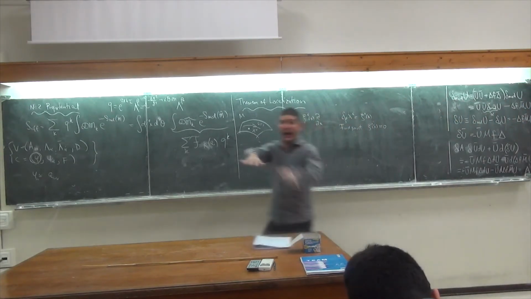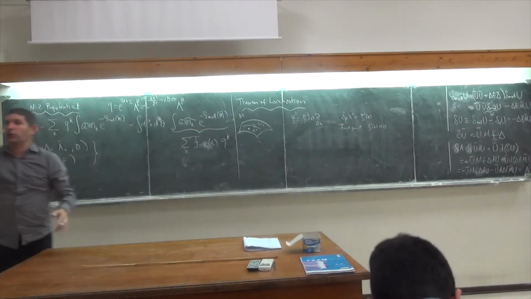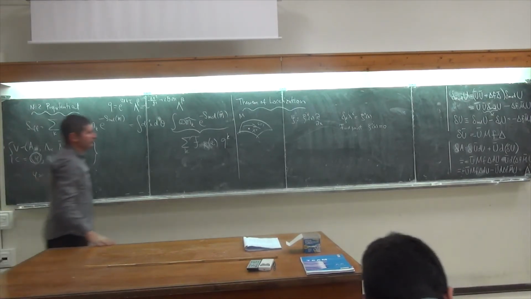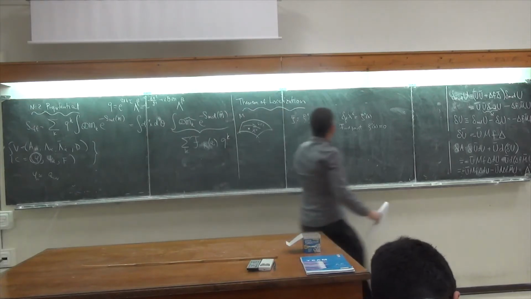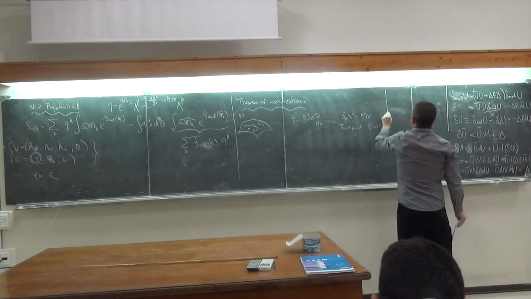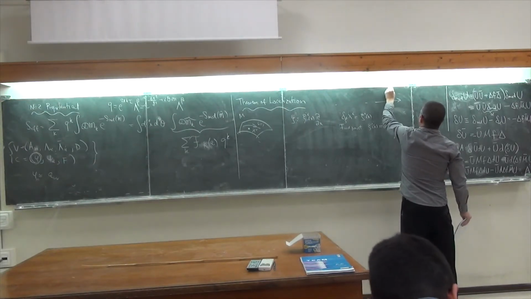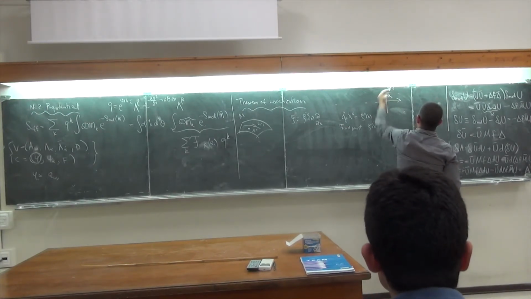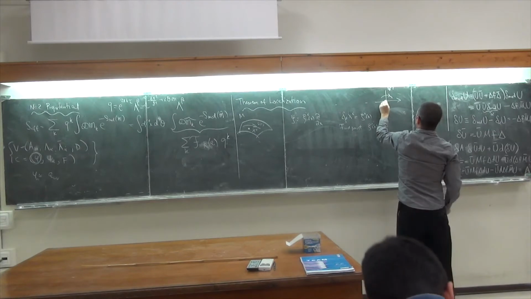Imagine, for example, R^2 and the rotation around the origin. The origin is fixed. So let's just do R^2. R^2 is enough. This will be my action, theta acting in this way, and this is the fixed point.